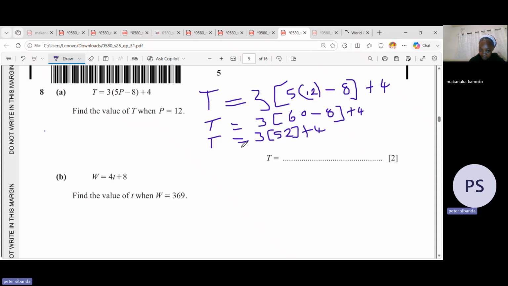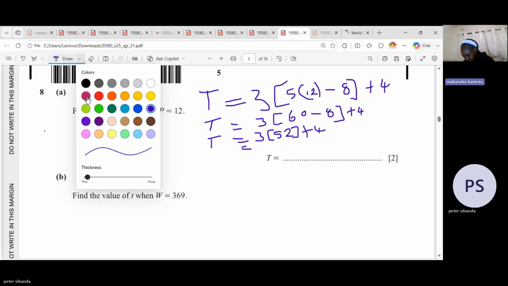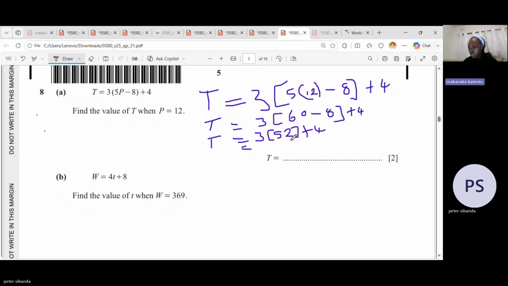Now, I'm going to need 3 times 52. 156? Plus 4. 160? That's the answer here. Done. t is equal to 160. We have answered that part. Do you have any questions? No, sir. You sure? Yes.